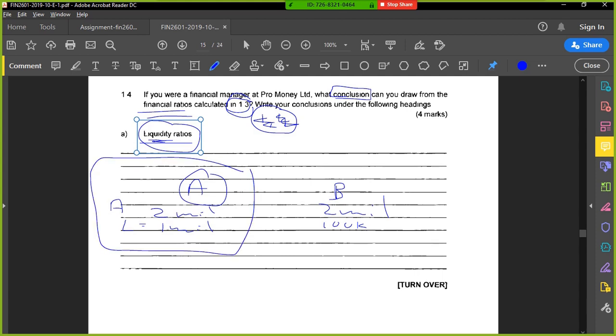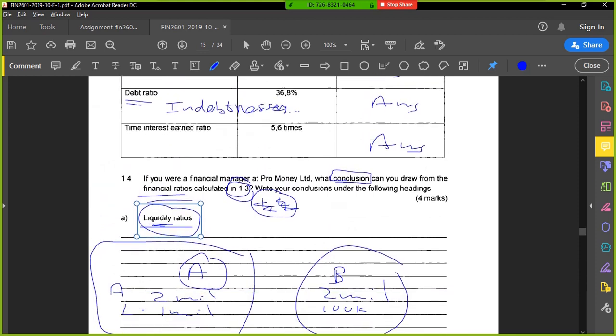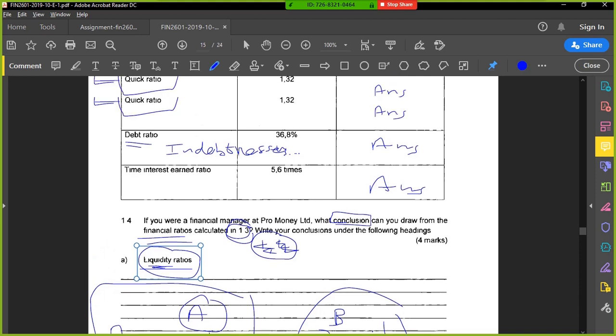A has the higher debt ratio than B. B has lower debts. So what type of person are they? They're more conservative. They don't like taking as much debt. Here they're more aggressive. Some people don't mind being in lots of debt. Some people do mind. So don't view it as being good or bad. It's relative.